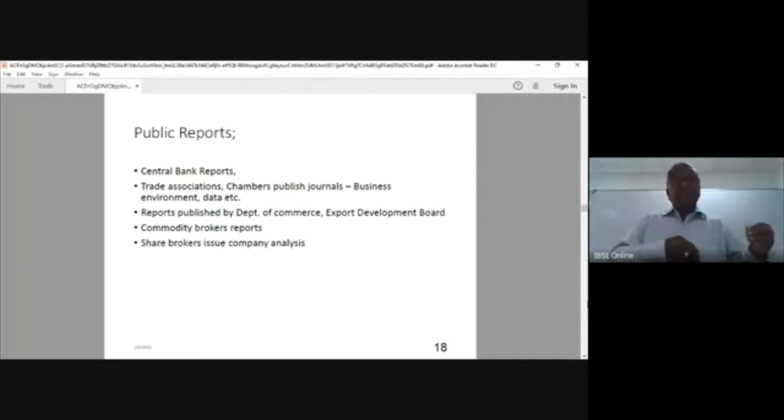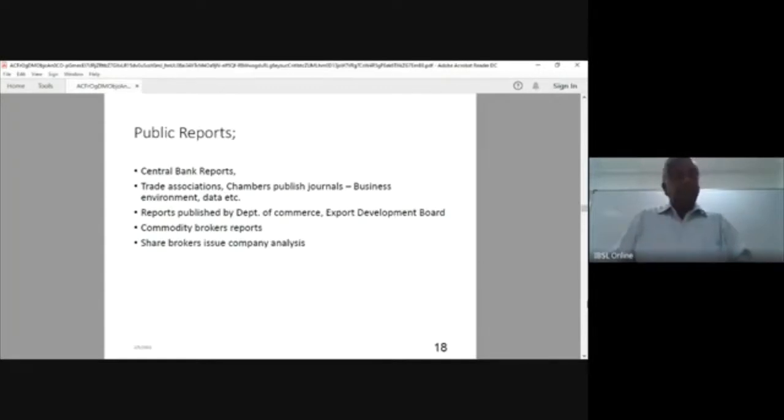If your customer is an exporter of a particular item, you can collect information about the export market potential from the Export Development Board or the Department of Commerce, which also periodically publishes reports. Their offices are in Navam Mawatha, Colombo, opposite Navaloka Hospital. The NDB head office is also there. There you can.